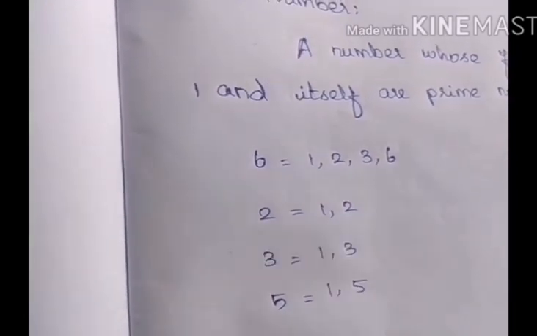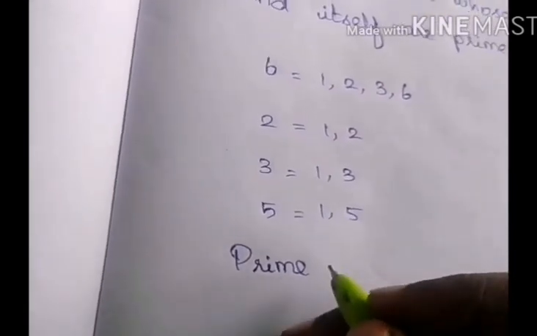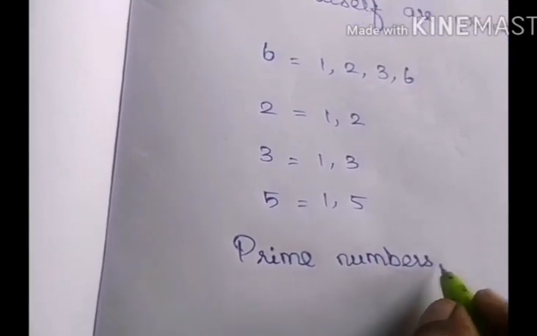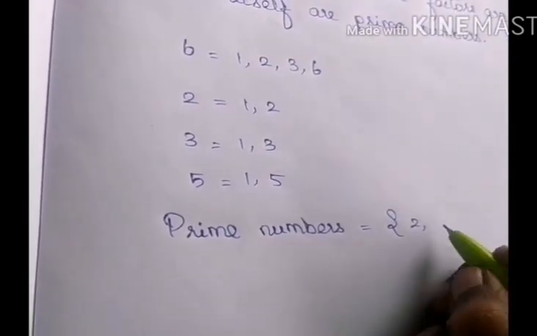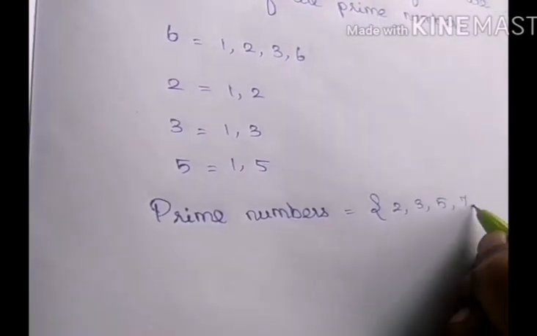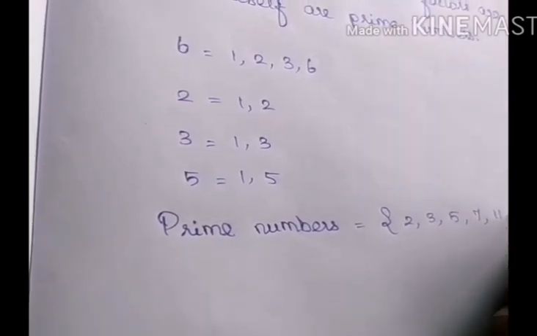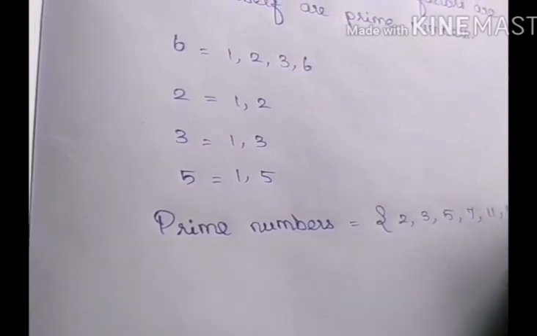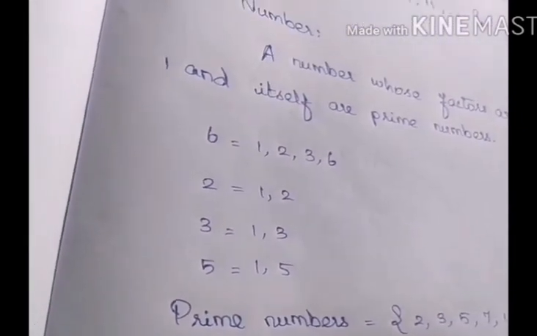So the prime numbers are 2, 3, 5, 7, 11, 13, 17, 19, etc. These are prime numbers.